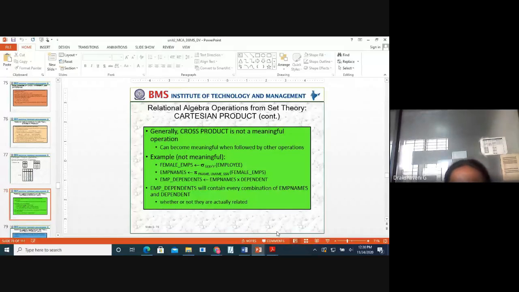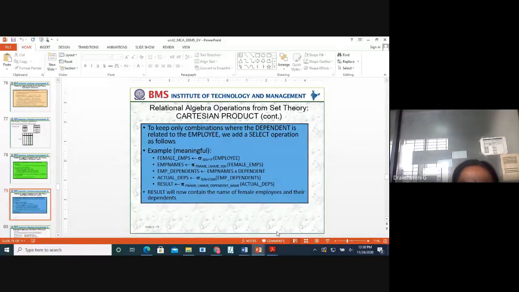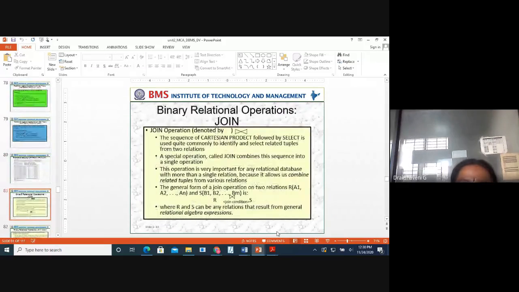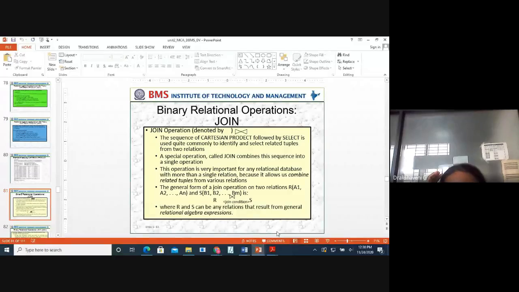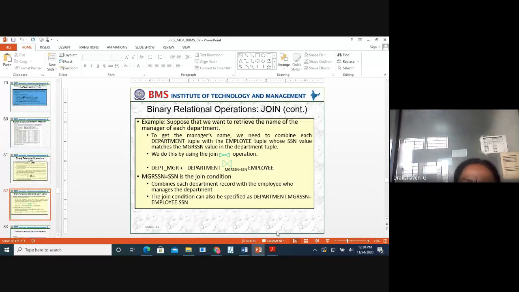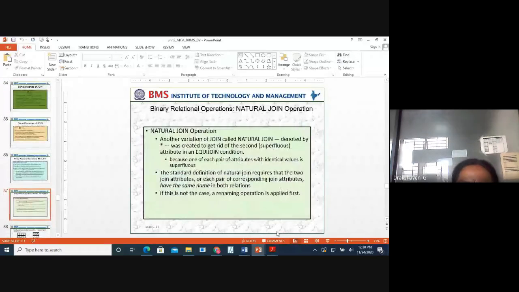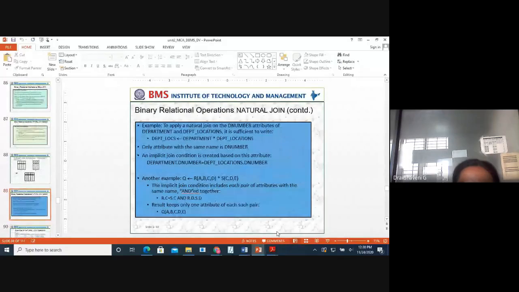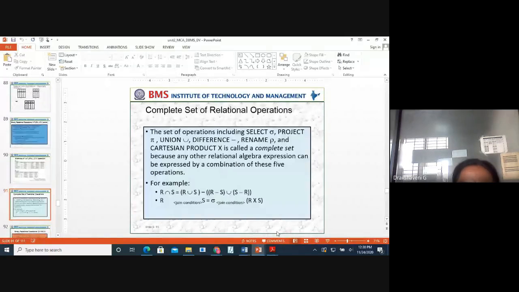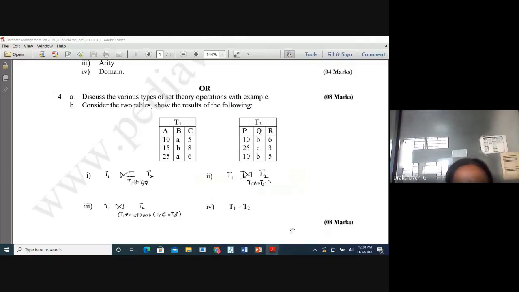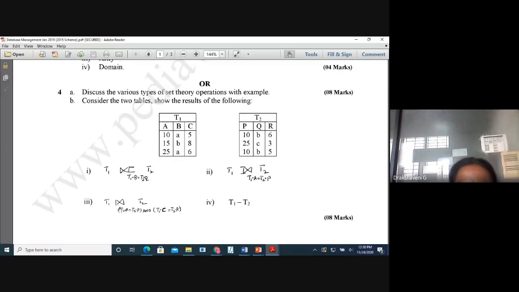Relational algebra operation from set theory, that is Cartesian product. This is what the binary joins are. So joins we have seen. So binary join, example, simple join, equi-join, natural join, binary join, and a relation. So that's what you have to write for these.